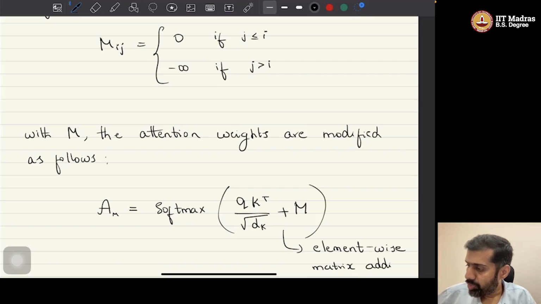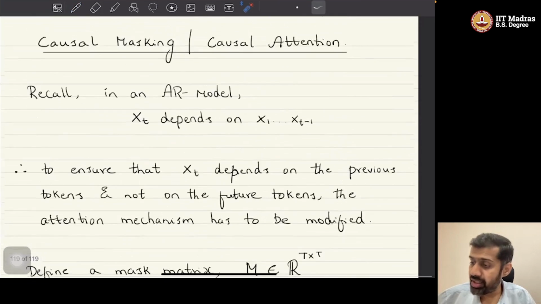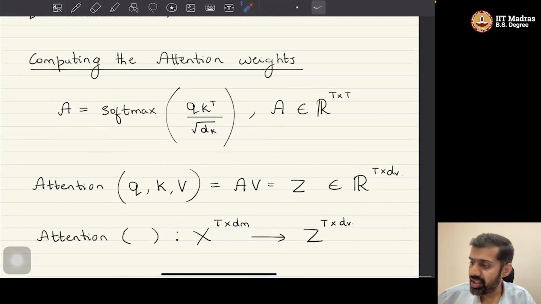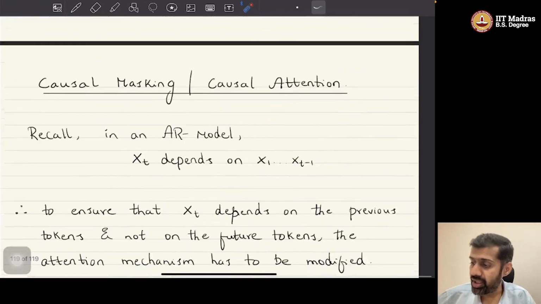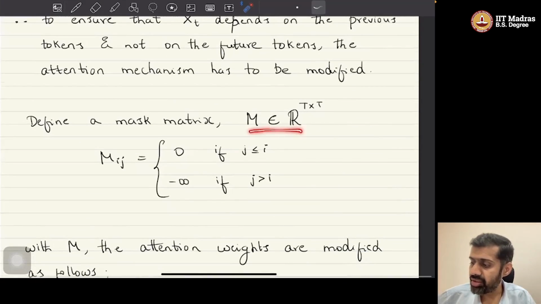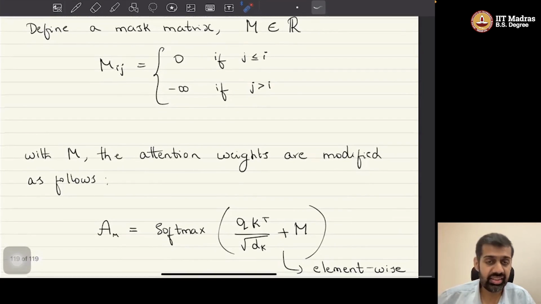Why? Recall that QK transpose is a T by T matrix. We just saw that the attention weight A is a T by T matrix, and so is the M matrix. So both of these can be added element wise. Now, if you look at the definition of M, what is it actually doing?